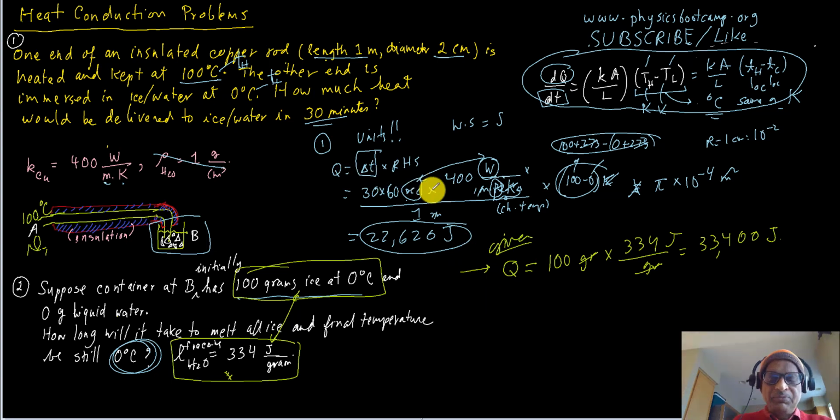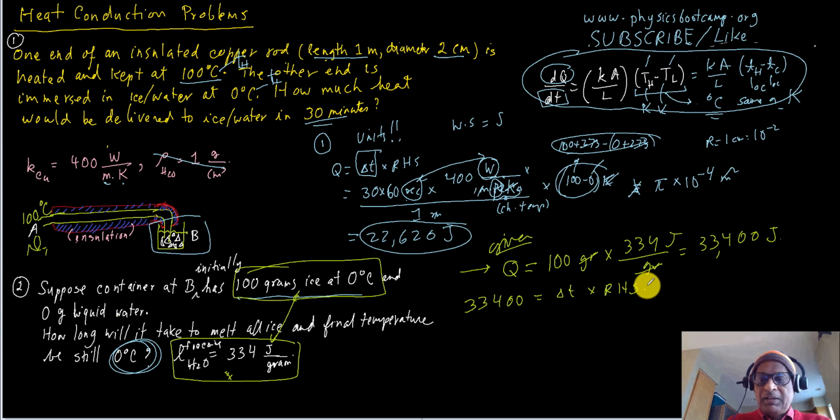So this same formula will look like, delta T is the only thing over there, right? So I would have 33,400 equals delta T times the right hand side, all of that thing.